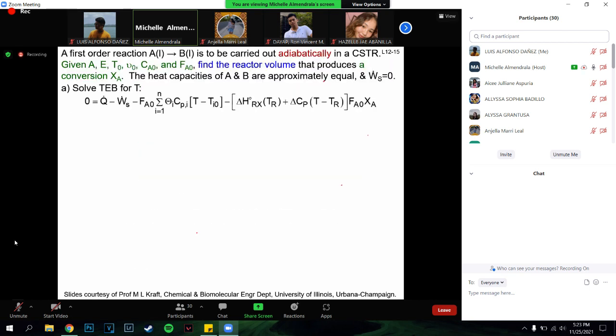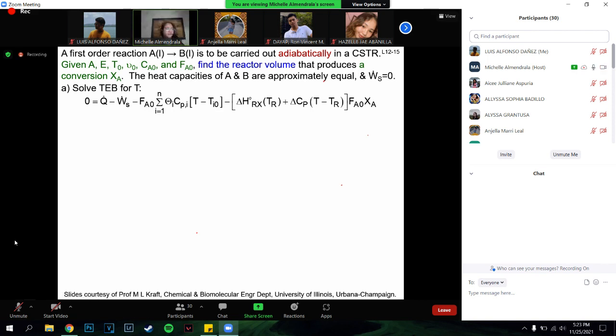Okay, so these are the simplest cases for our topic in non-isothermal, the adiabatic case for both CSTR and PFR. Are we ready now? So let's start our simple problem here. All right, 523. So first order reaction A and B.